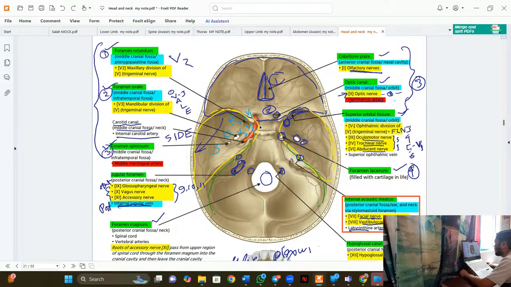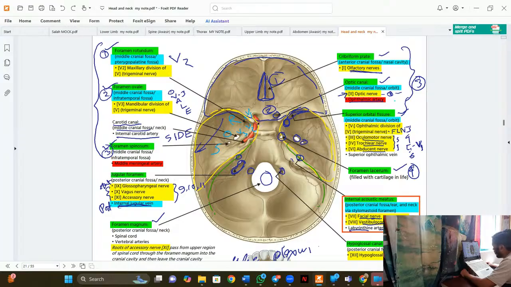Yesterday I discussed with one of my professors. She said, the internal carotid artery, when we see it in the cavernous sinus, sometimes it looks like two divisions, but we know the internal carotid artery doesn't give any division. It is because of the loop. When it enters through the carotid canal, it goes up and then loops, making an S shape, and then comes back.